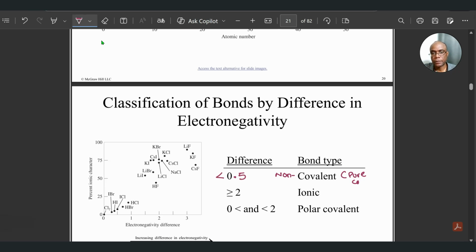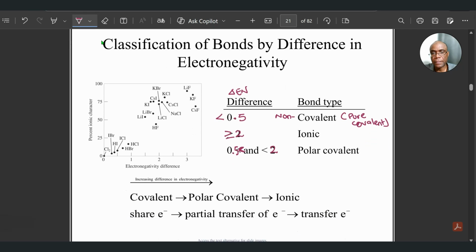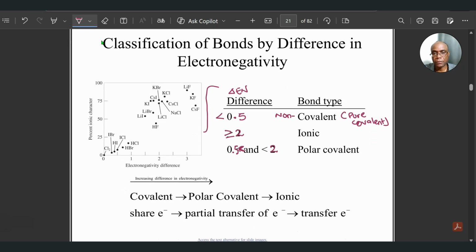That is the difference in electronegativity that will help you judge that the bond is non-polar covalent, or what other people call pure covalent. If it's ionic, the difference in electronegativity between the two atoms must be greater than or equal to 2. If it's polar covalent, it should be anywhere between 0.5 and 2. I've done some corrections here, so you'll need to write them down.